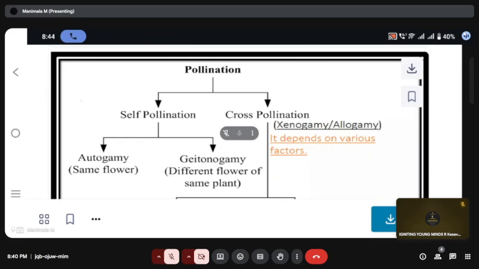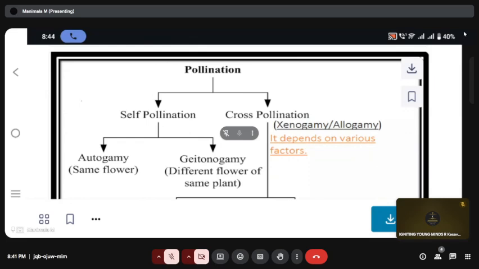The pollen grains reach the stigma and fuse together, and self pollination occurs. But in some flowers there are two types of pollination. I told you, one is chasmogamous and another one is cleistogamous. What is that?